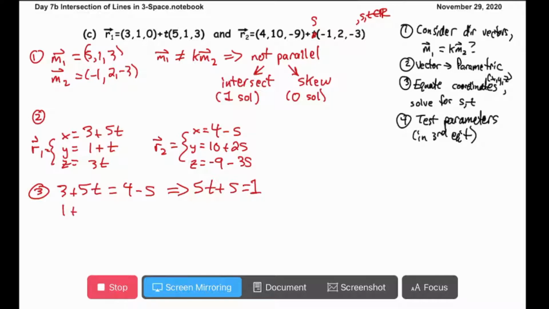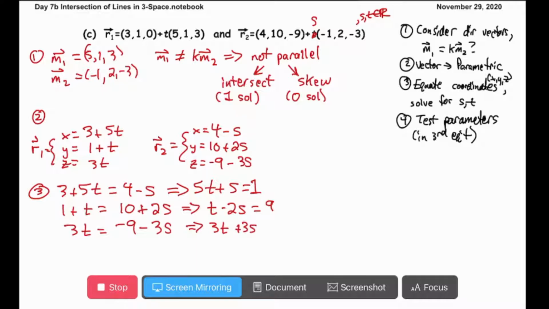And we're going to have 1 plus t equals 10 plus 2s, which if we rearrange is going to give us t minus 2s equals 9, and 3t equals -9 minus 3s. Rearranging gives us 3t plus 3s. I don't like that. Let's tidy that up a little bit more. 3t plus 3s equals -9. And we'll label these equations 1 and 2 and 3.